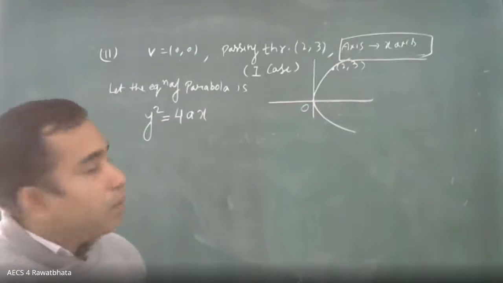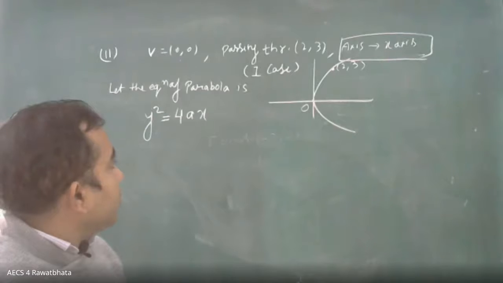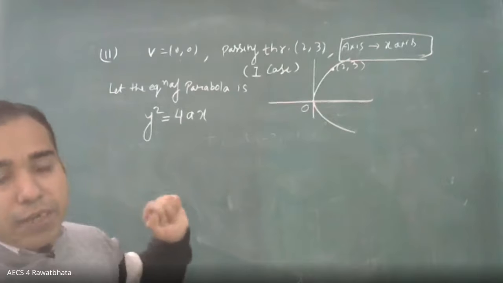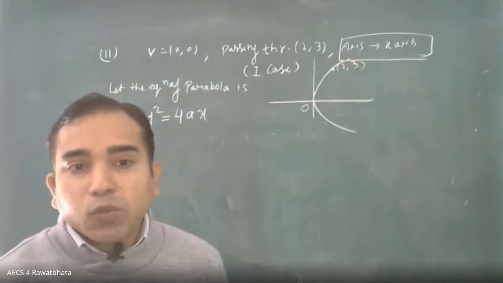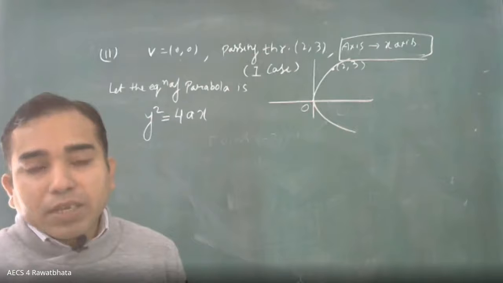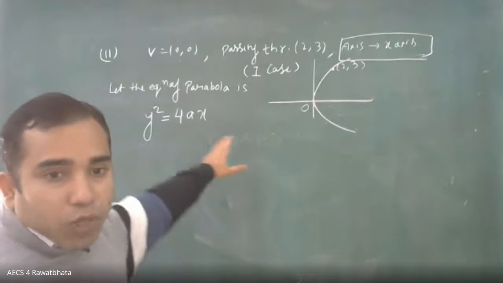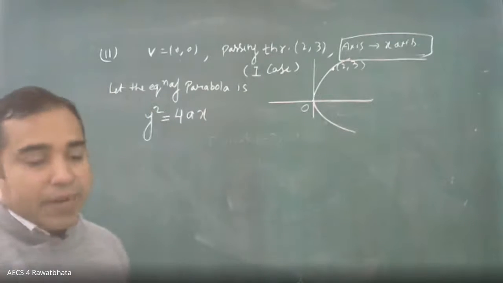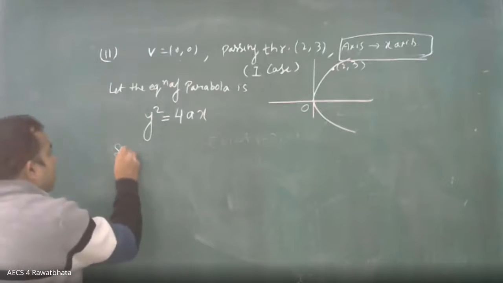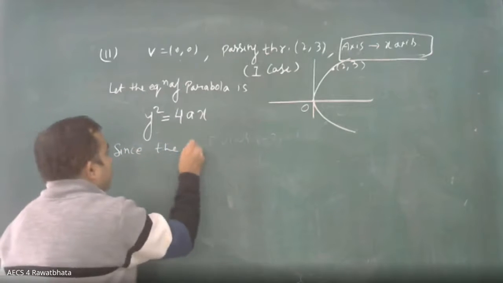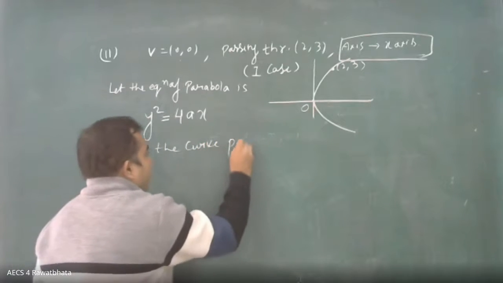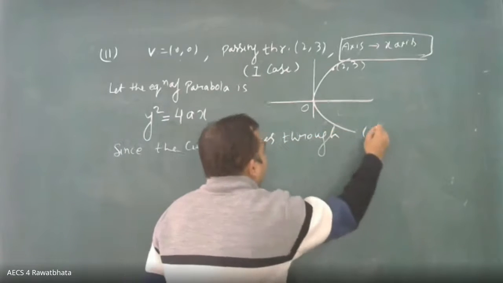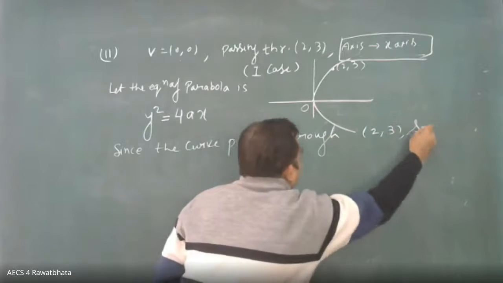The point 2, 3 has not been used yet. Since the curve passes through 2, 3, it is a solution of this equation: if you put x equal to 2 and y equal to 3, the equation will be satisfied.